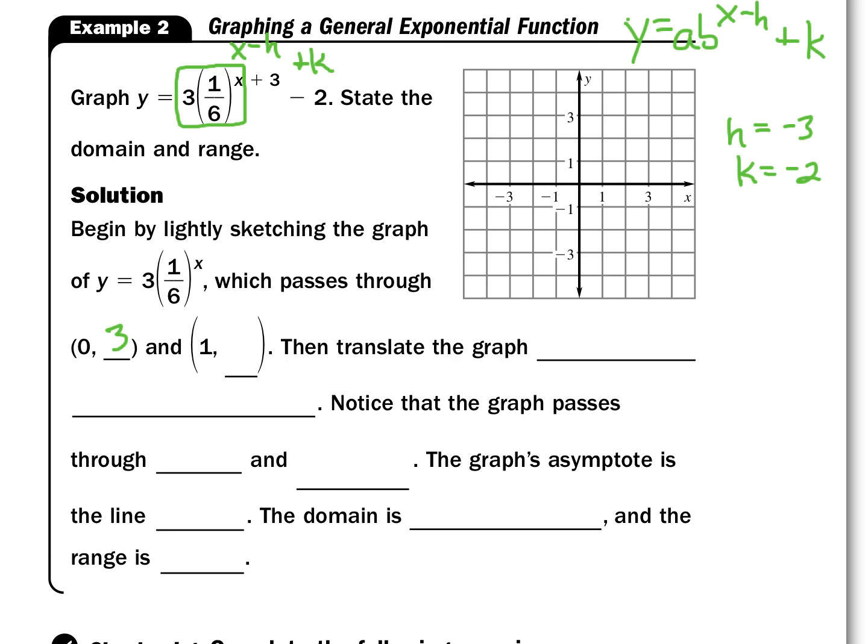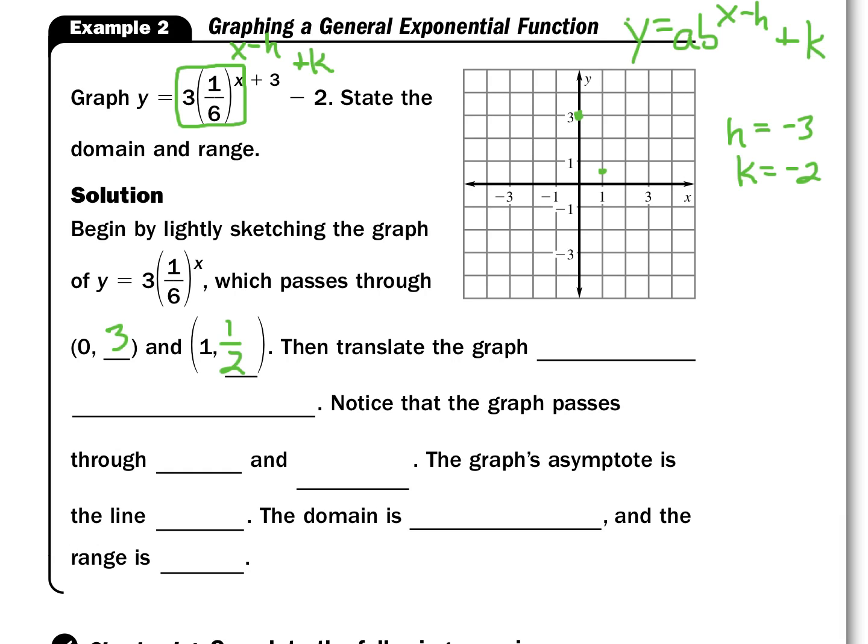And then if I plug in 1 for x, 1/6 to the first power is 1/6, times 3 is 3/6, which is the same as 1/2. So we get (1, 1/2). So (0, 3) and (1, 1/2) give us points right there.